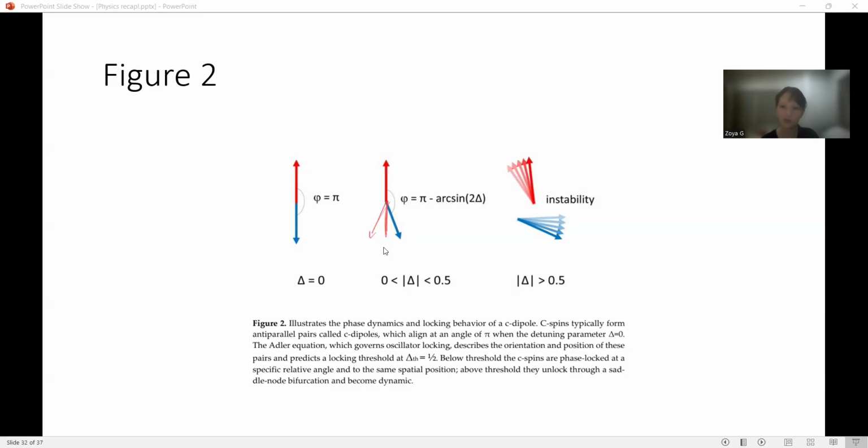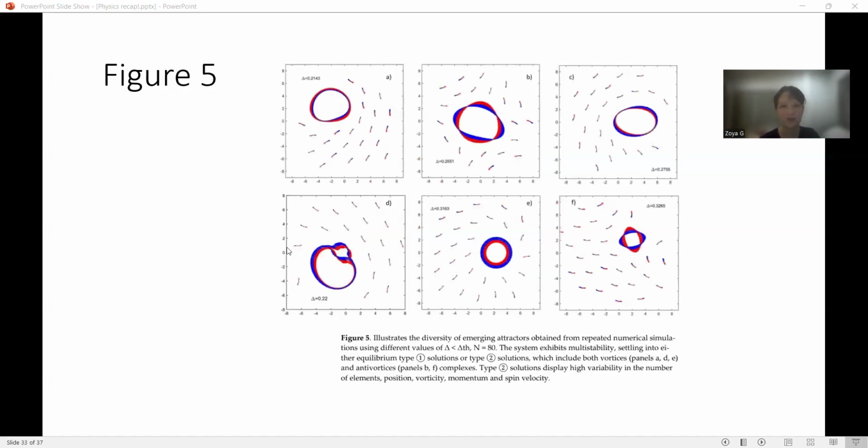I'm not very knowledgeable on the Kuramoto model, on which much of the maths of this paper seems to be based, and I can't make sense of the physical interpretation of this angle, though I would presume it's symmetric in the sense that the angle being pi plus arcsine 2 delta instead of pi minus arcsine 2 delta would make just as much sense in the theory, although to some extent, figure 5 makes me doubt this, as the angles play a role in the direction of the motion of the dipoles. C-dipoles, as the paper calls them.